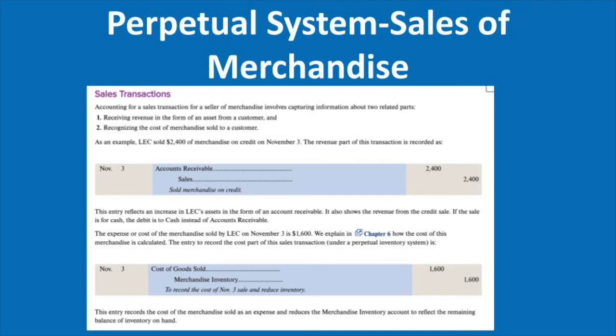So what these two entries actually do is record the recognition of an accounts receivable, meaning that someone's going to be paying us money, record the sales, and record the cost of the goods that we actually sold, and record the fact that inventory reduced. And this is how perpetual inventory works.